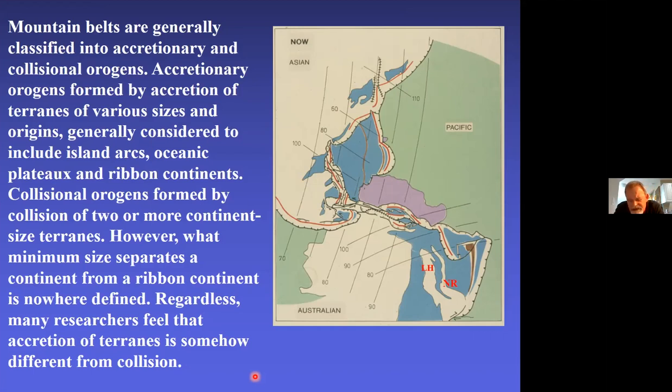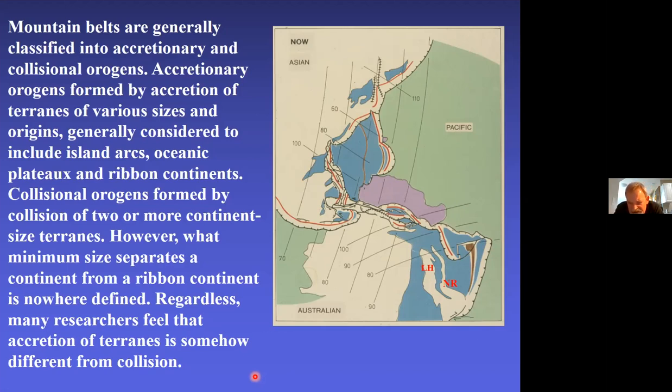Here we're looking at the Southwest Pacific, and we see an accretionary orogen in progress. Australia is moving to the north at a speed of about 7 to 8 centimeters a year, and is colliding with all the arcs and oceanic plateaus and ribbon continents, which are themselves also colliding with each other. You could imagine that in the future, all these terranes are going to be smeared out along the Southeast Asian margin.